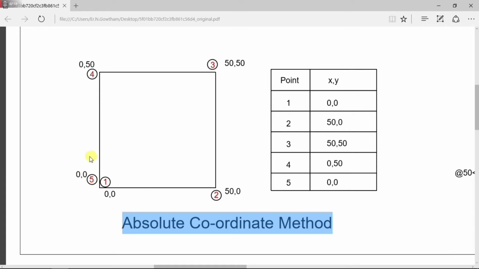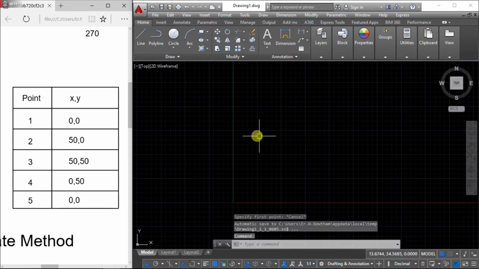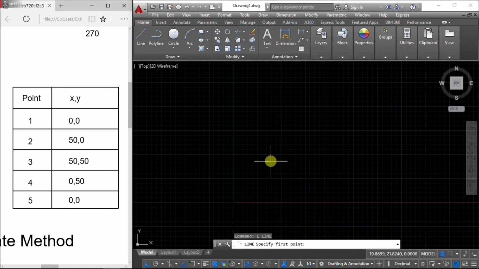Let's do this in a diagram with the help of AutoCAD. First, I choose the line command. You can pick the line command directly from the ribbon bar, or else type the command L to activate the line command. Now type 0, 0, which I have already set, and enter. And type the following syntax which displays on the screen: 50, 0 and enter.